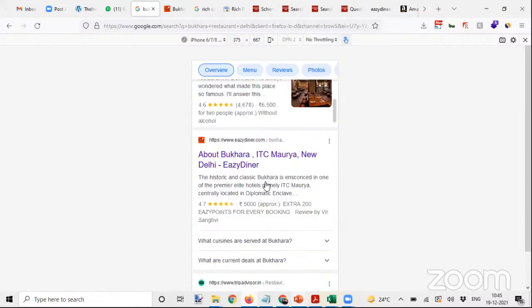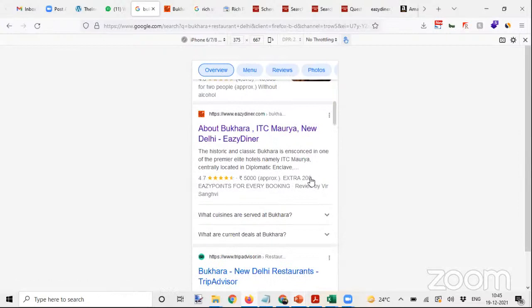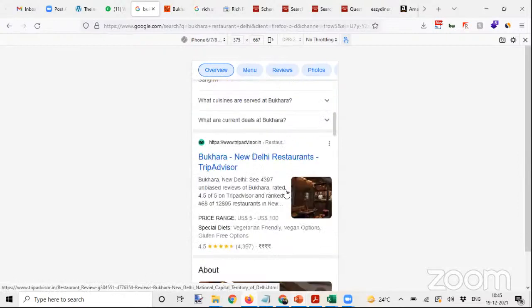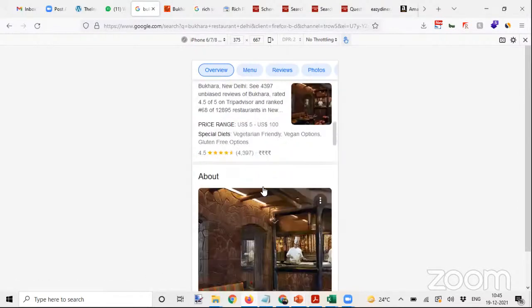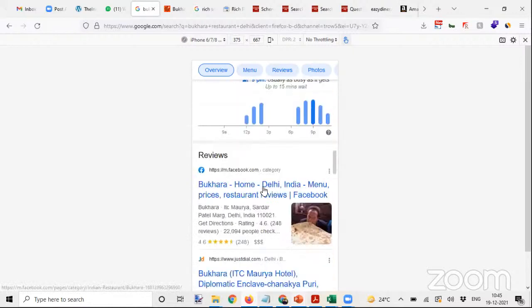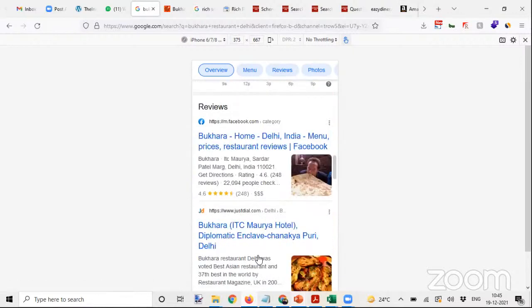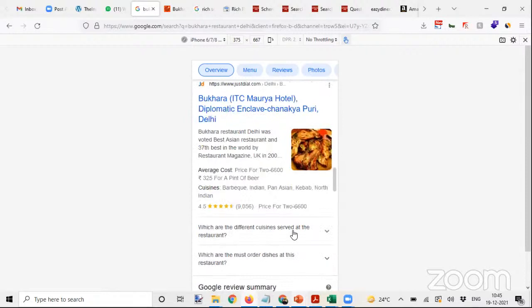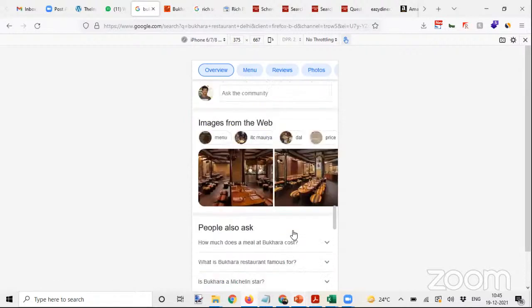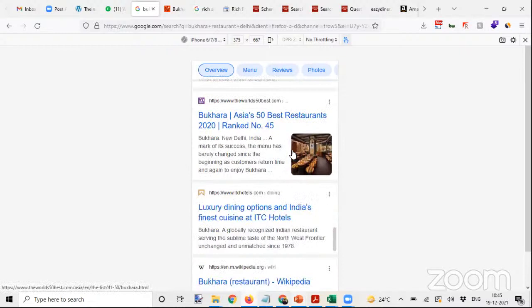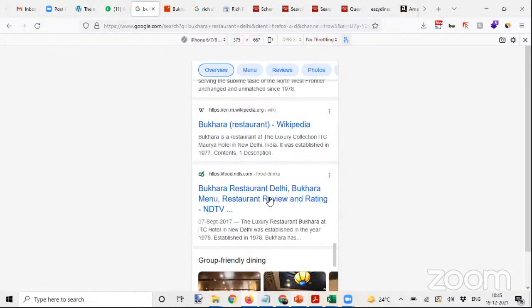It is not showing it for Easy Diner, but for some other restaurants it will showcase the image. In most of these it is showing. So maybe something which they have missed, which is why it is not showing for Easy Diner, but for some of those it is once again showing.